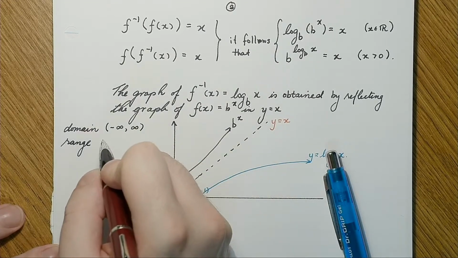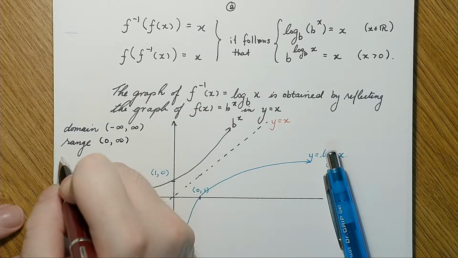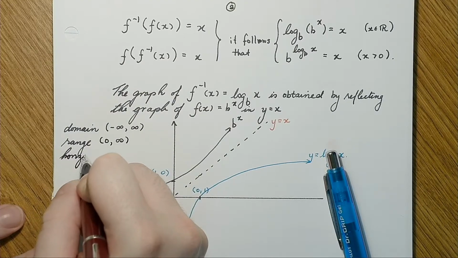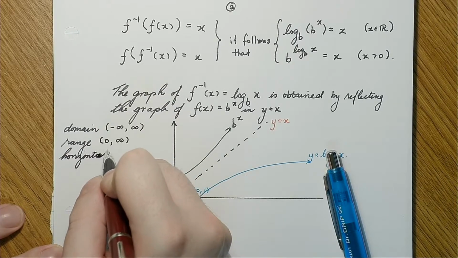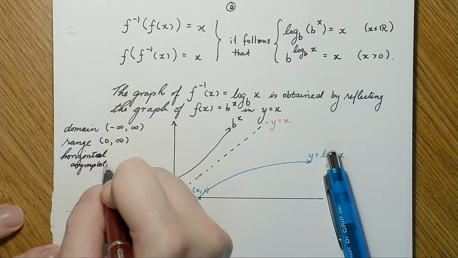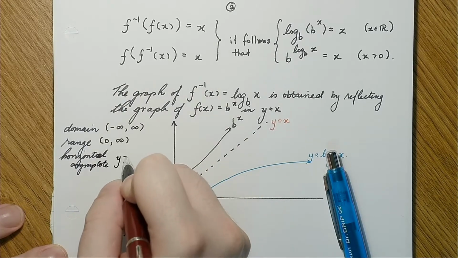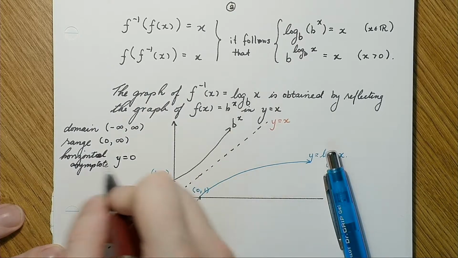So that range is from 0 to infinity. We also have a horizontal asymptote, which I mentioned, and that is y equals 0. We also have that y-intercept, which is 0, 1.